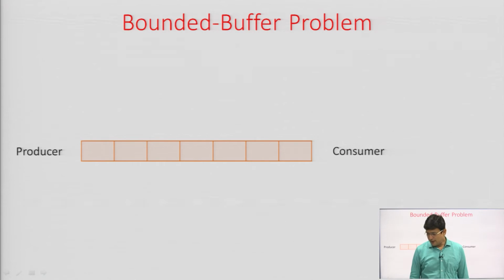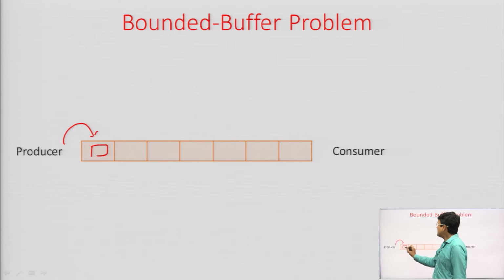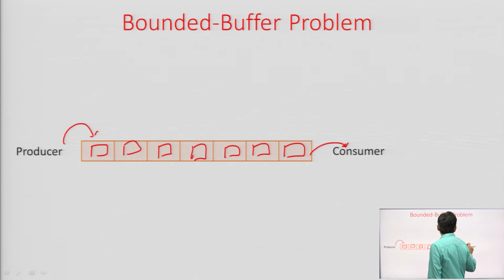Okay. Now, let us look at the bounded buffer problem. You can think of a factory where the biscuits are created. There is a person who is baking the biscuits and keeping them on a conveyor belt, and these biscuit trays reach the consumer, who is packing these items and driving them forward.